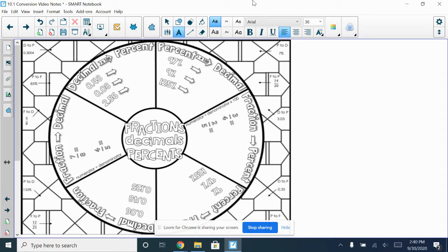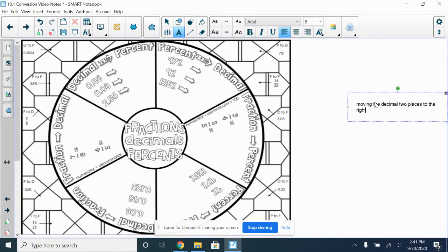One of the things that I want to put down here, and I'm going to type it so that it's neat, though you can write it if you want, is that to make a decimal to a percent, it says times 100, which is the same as moving the decimal 2 places to the right.